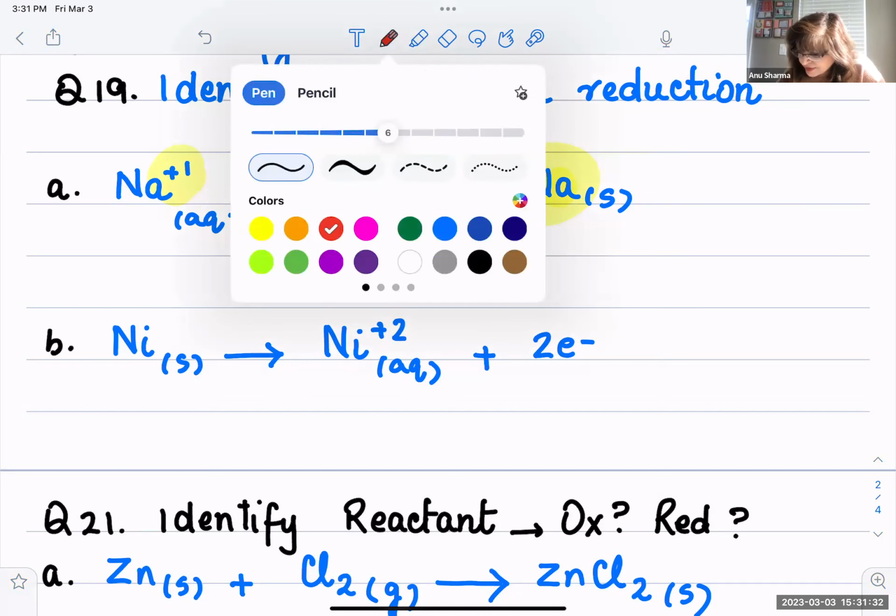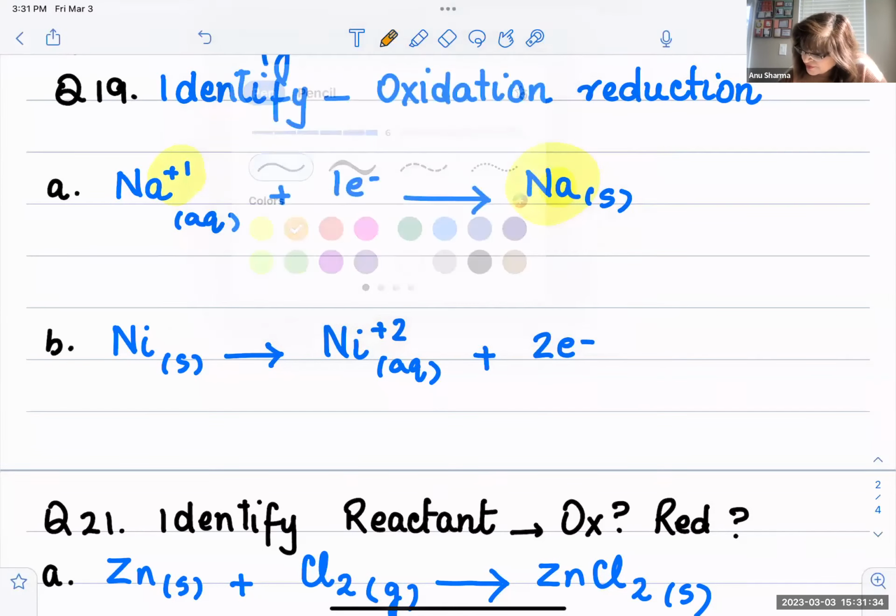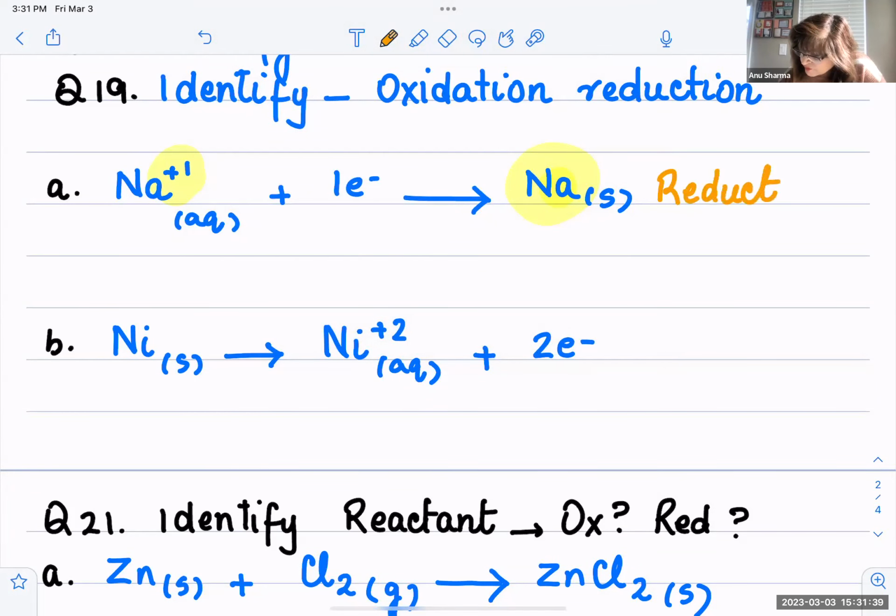So this is reduction. Let's write this here, reduction, because sodium is moving from +1 to sodium in a free state. And in a free state, the oxidation number is 0. So from positive to a 0, moving back, reduction.